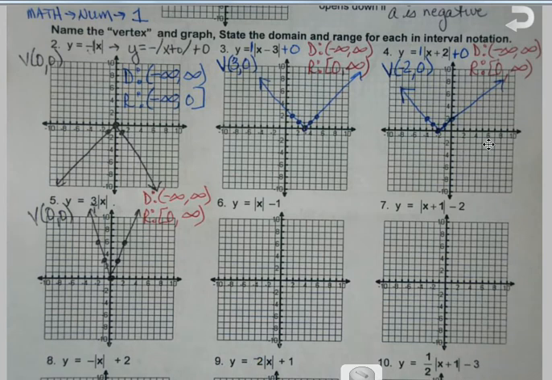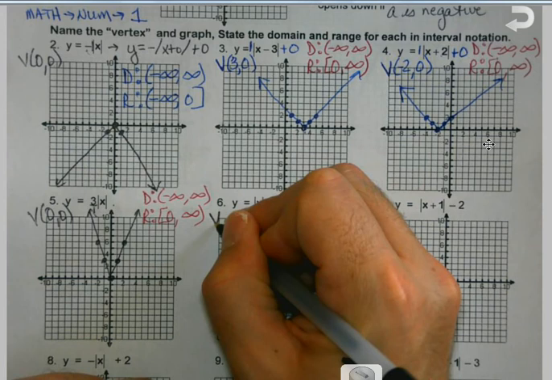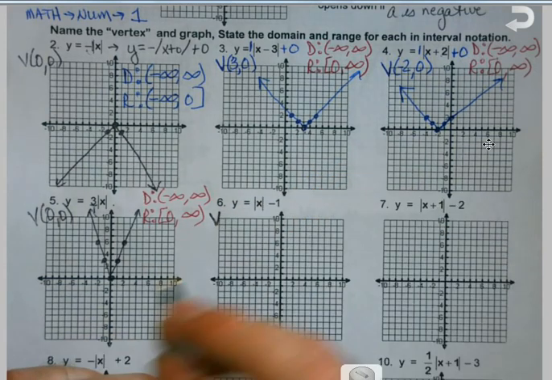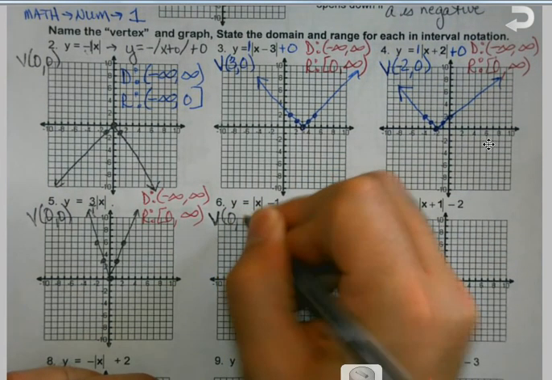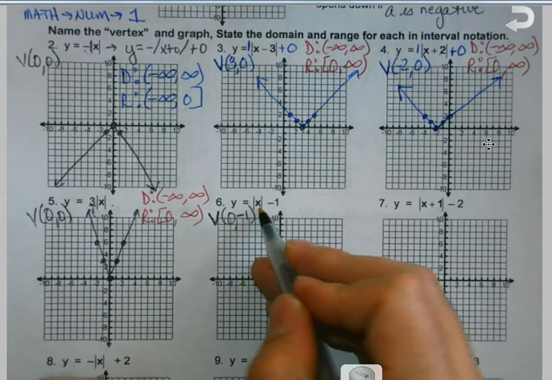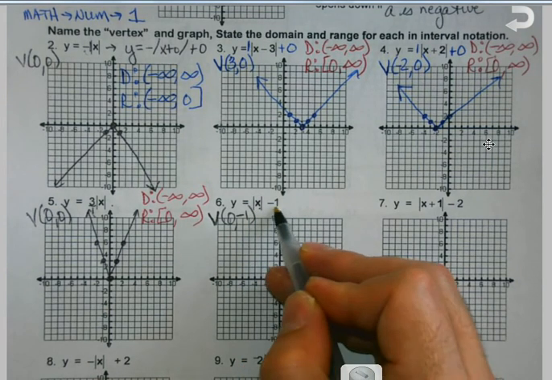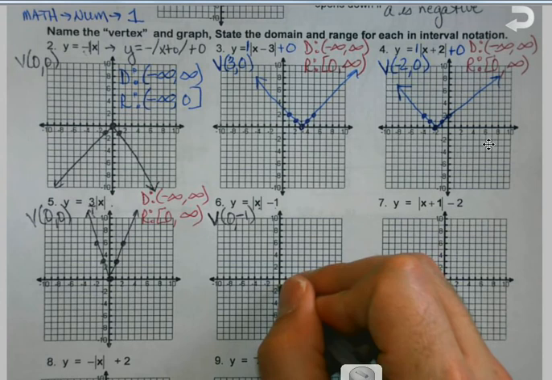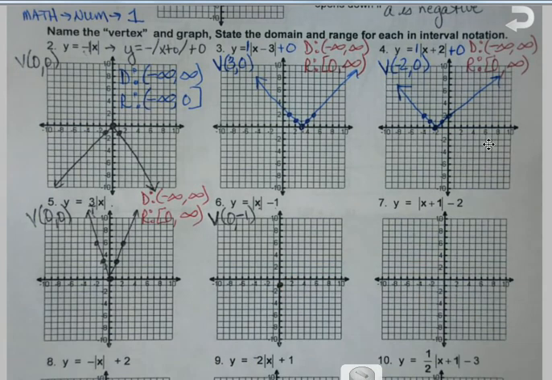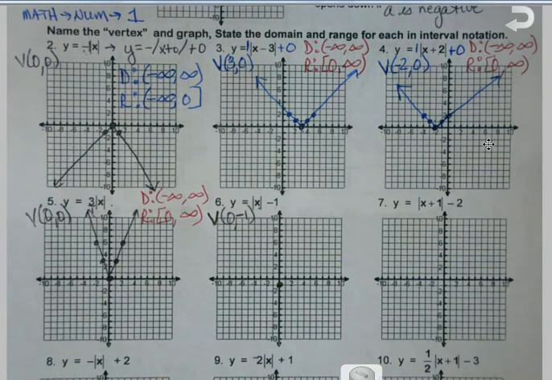So 6, let's see. What's my vertex going to be in number 6? 0, -1. Okay, 0, -1, because there's nothing in with my x, so I don't have an x value shift, but I have the -1. So 0, -1, nice big dot. Slope still hasn't changed.